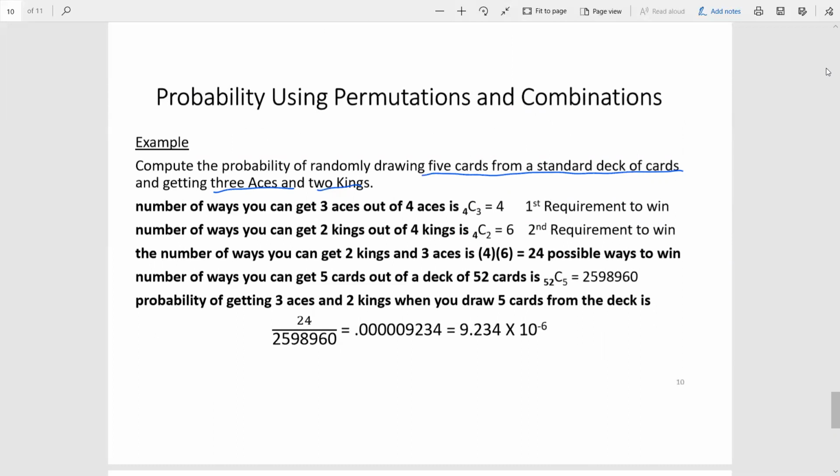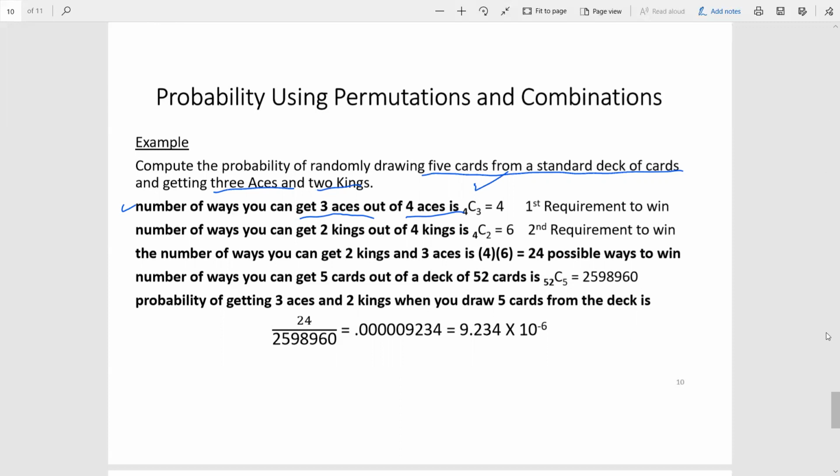First of all, you need to break this up into separate events. One is to find the number of ways you can get 3 aces out of the 4 aces that are in the deck. Obviously there are 4 aces in a deck and you want to get 3 of those. That would be a combination of 4 things taken 3 at a time.